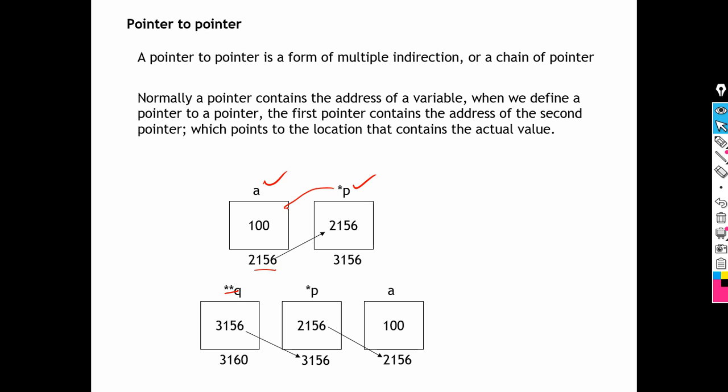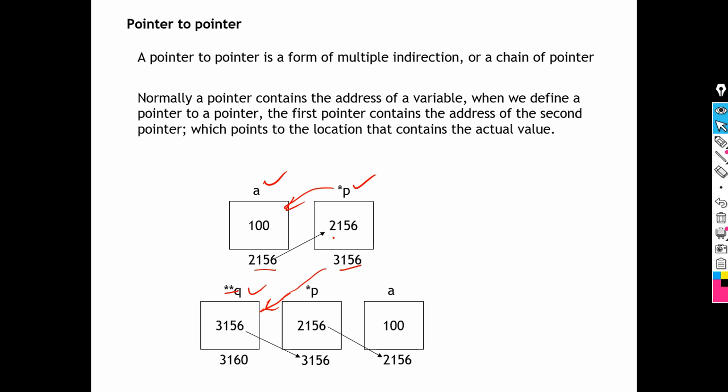The address of p is 3156. If you place that in q, q becomes a double pointer to a. Q is a pointer holding the address of another pointer, which holds the address of a variable.